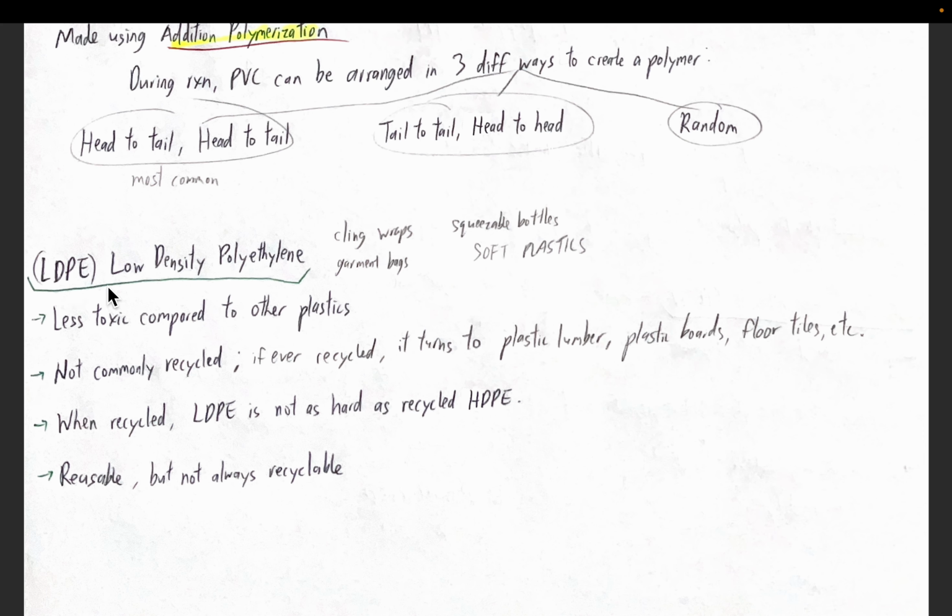Plastics made out of LDPE usually have a really low melting point in comparison to its counterpart HDPE. When you microwave, well, it basically decomposes physically, so it's not ideal to use. It is less toxic compared to other plastics.